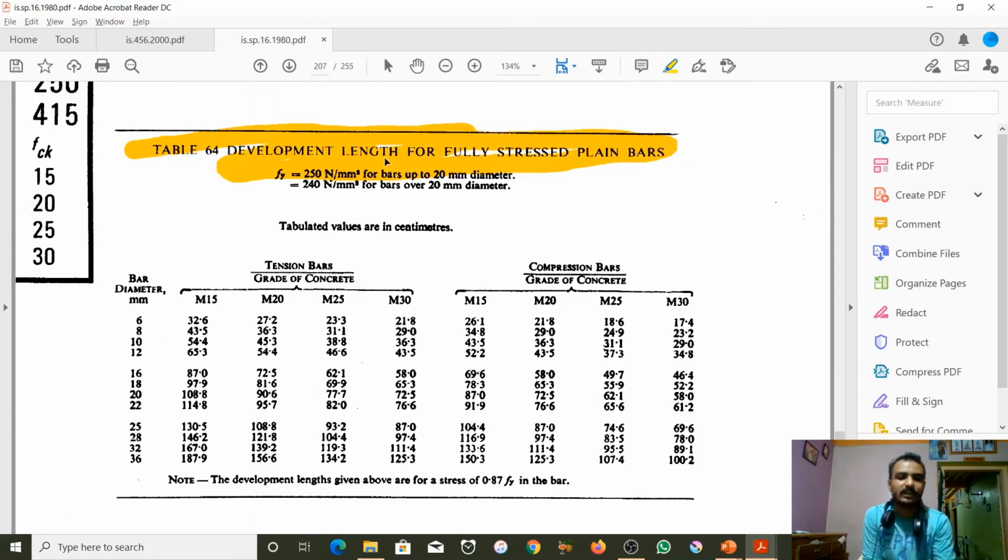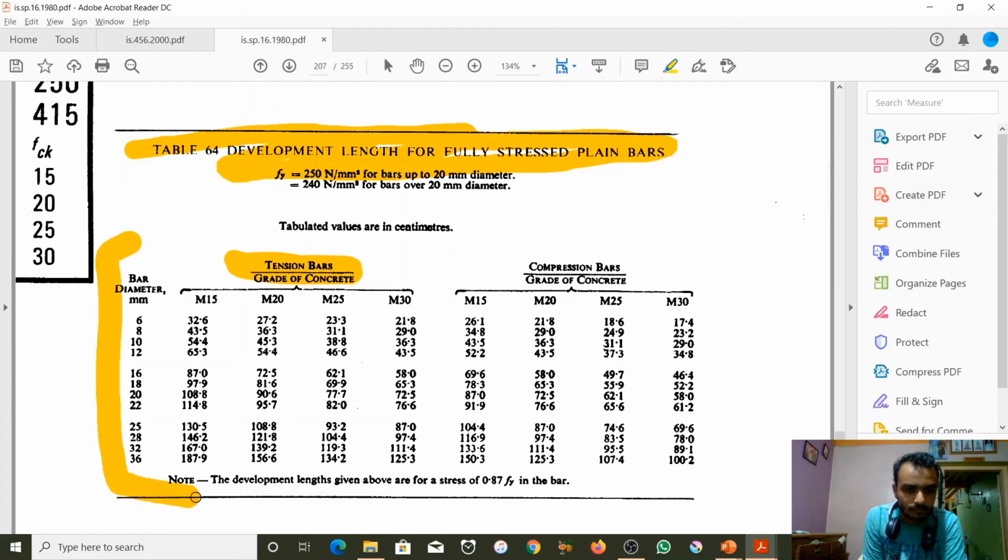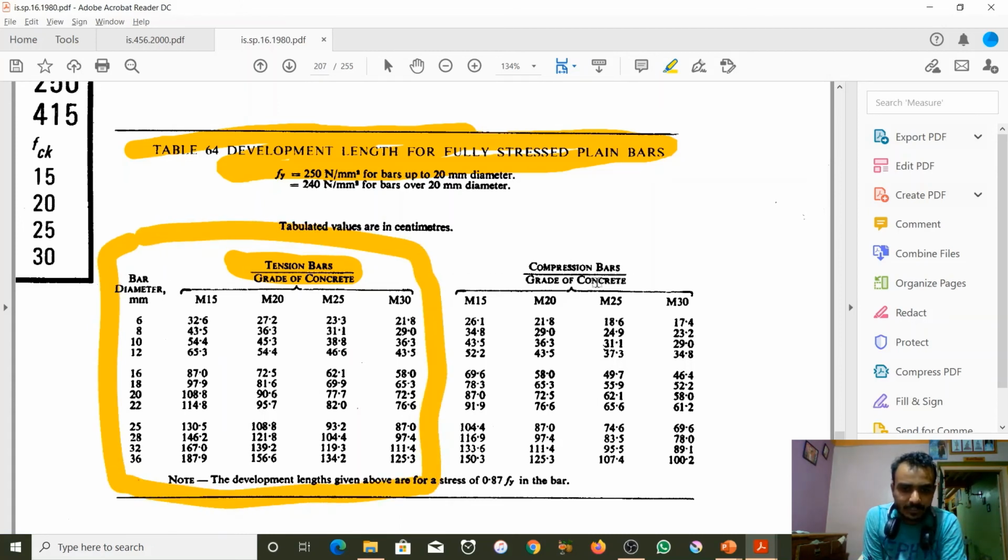So this table can give you a development length value. Since we have a tension bar, we have to follow this table, so we only see this half of the table here. These are for the compression bar; we are taking the tension bar.